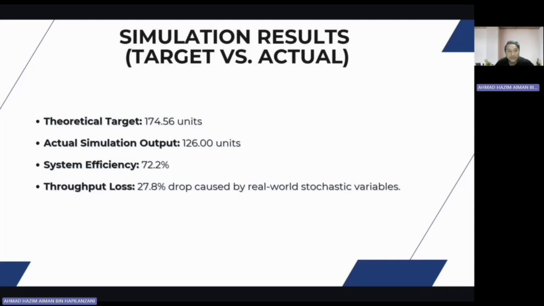However, we have a throughput loss of 27.8% because of real-world stochastic variables, which means that in the simulation there is distance traveled by the operator, which affects the number of units produced, and this is not included in the theoretical calculation.